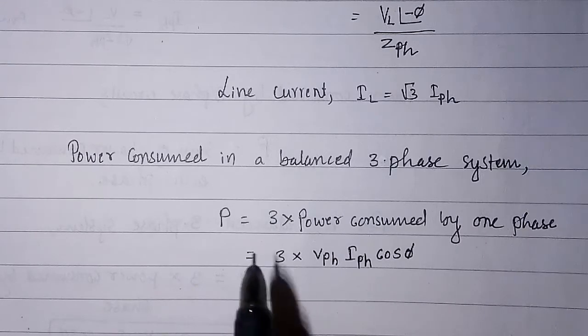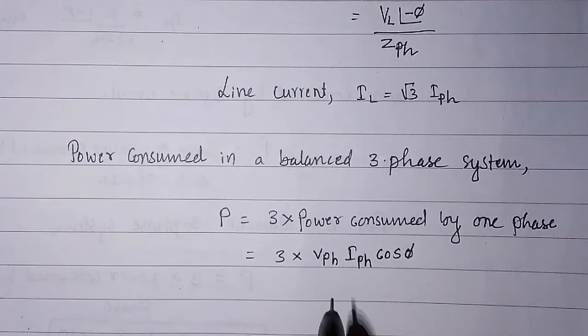So here also the expression for power when we consider phase quantities is 3 into VPH into IPH into cos phi.